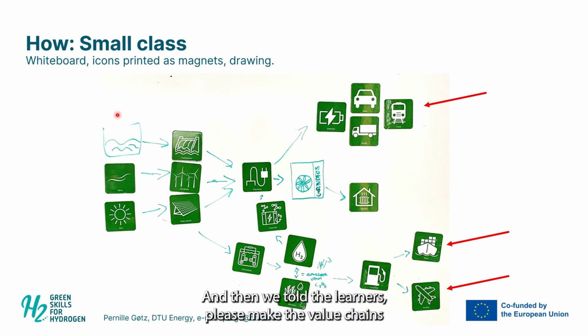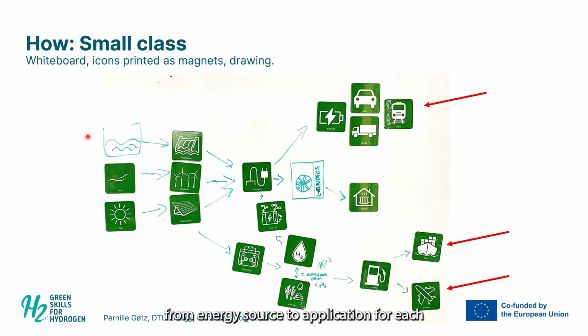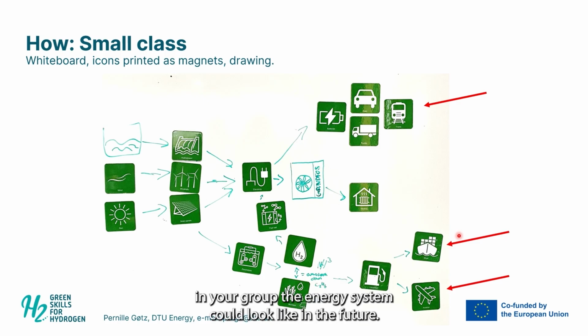And then we told the learners, please make the value chains from energy source to application for each application, thinking of a future energy system, how you believe in your group the energy system could look like in the future.